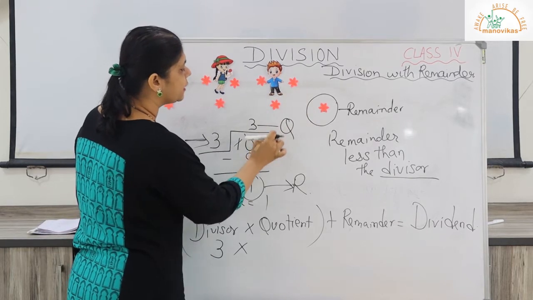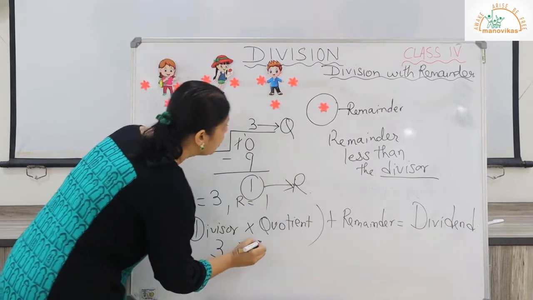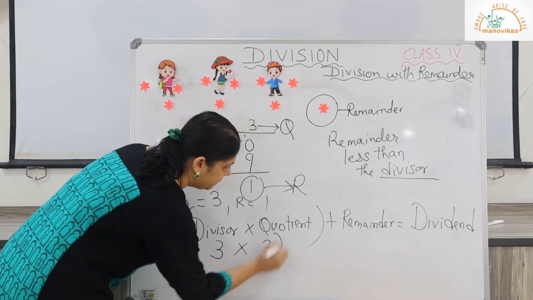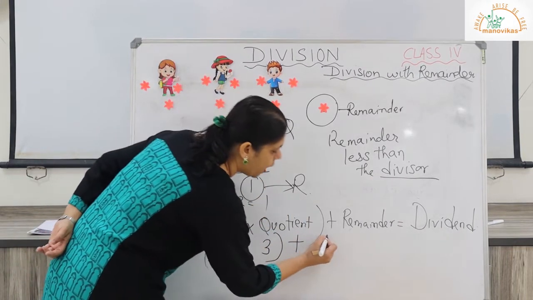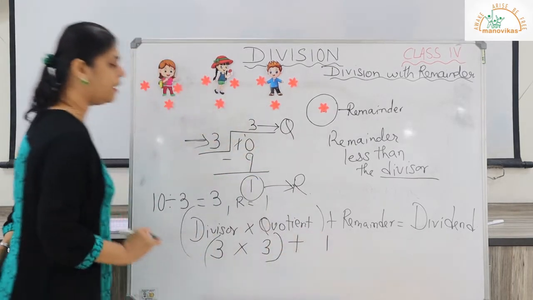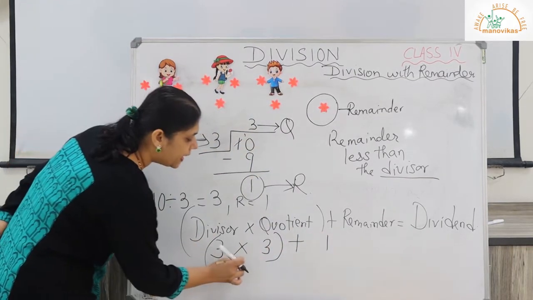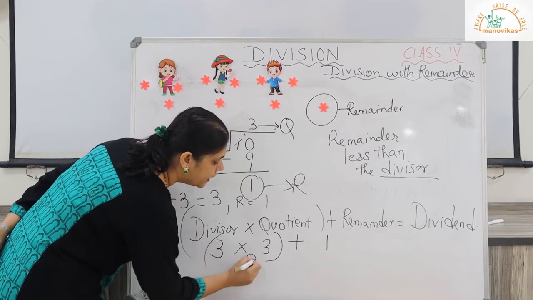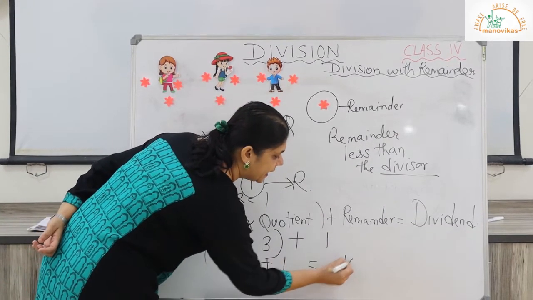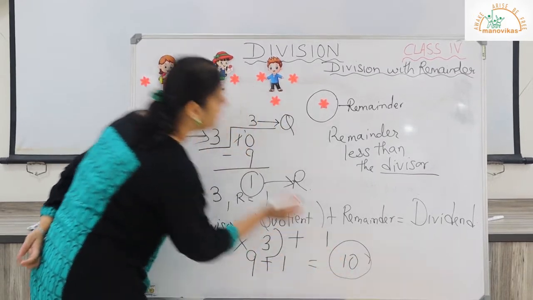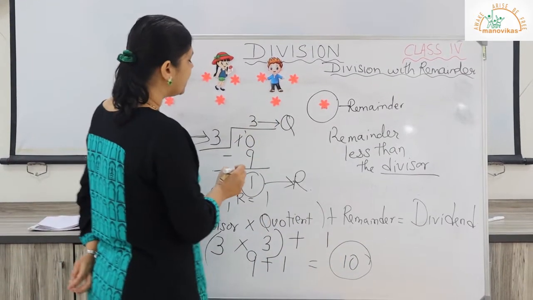The answer that you have got is the quotient. That is 3. What is the remainder? You have 1 as the remainder. Now 3 multiplied by 3 is how much? 9. Plus 1 is how much? 10. So is this number equal to the dividend? What was our dividend?